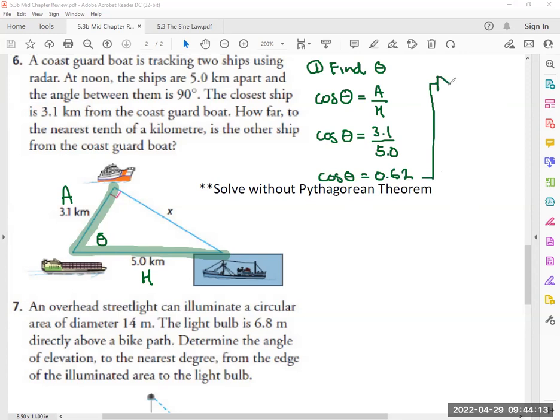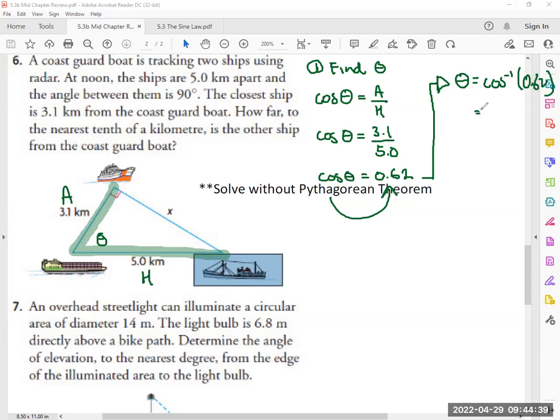From our practice, do you remember how to break apart the cosine from its angle, or take away the function? With the cosine inverse, so yeah. When you separate it from the angle, you're doing the reverse of what cosine does. You're doing the inverse of 0.62.